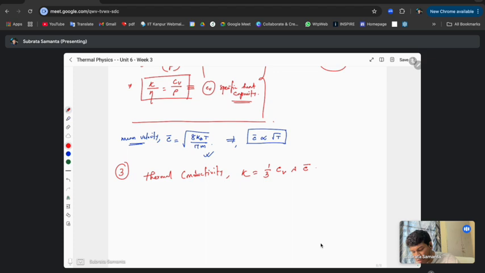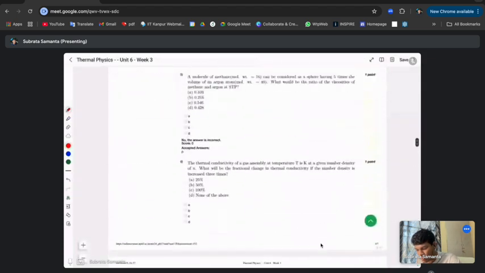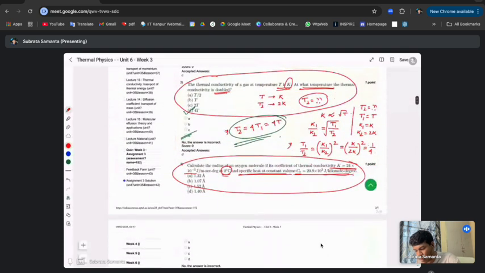In this case, which quantity depends on the radius of the oxygen molecule? We have to calculate the radius of an oxygen molecule. The expression of kappa is 1/3 Cv lambda C average.